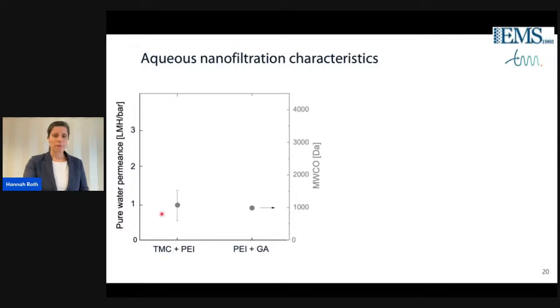And what we achieved with this concept is that we reached nanofiltration characteristics in regard of molecular weight cutoff, and we had pure water permeabilities around 3, and for the glutaraldehyde system at around 0.5 LMH per bar.